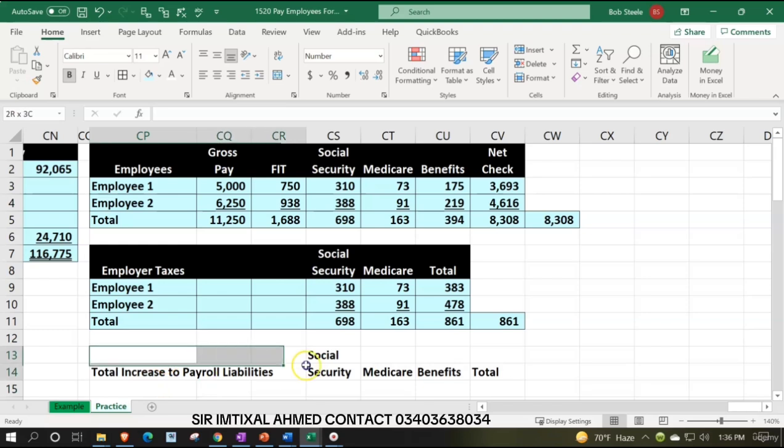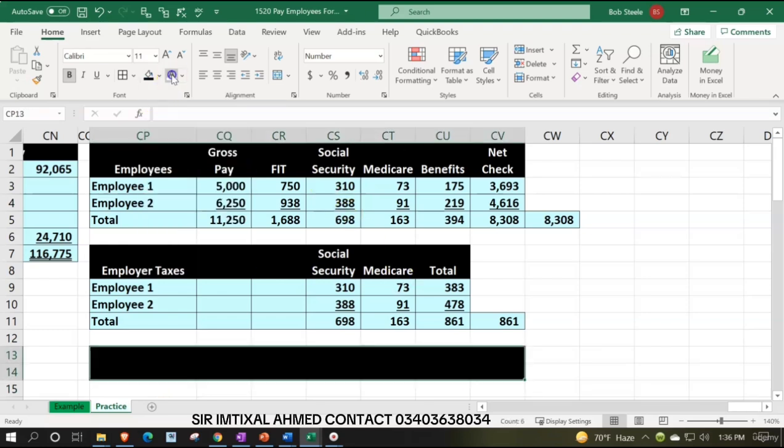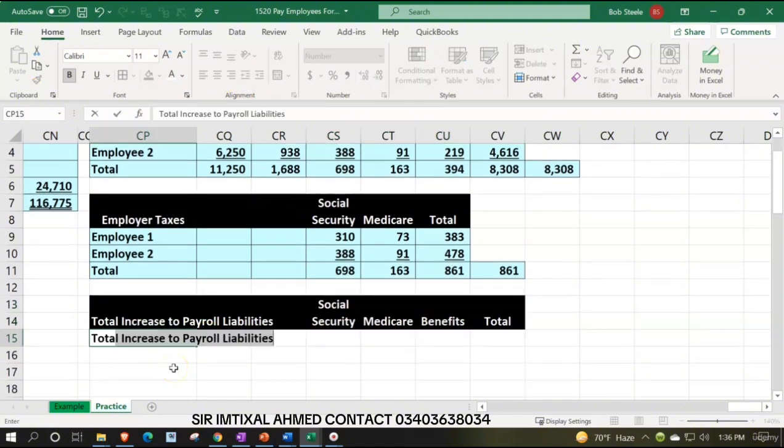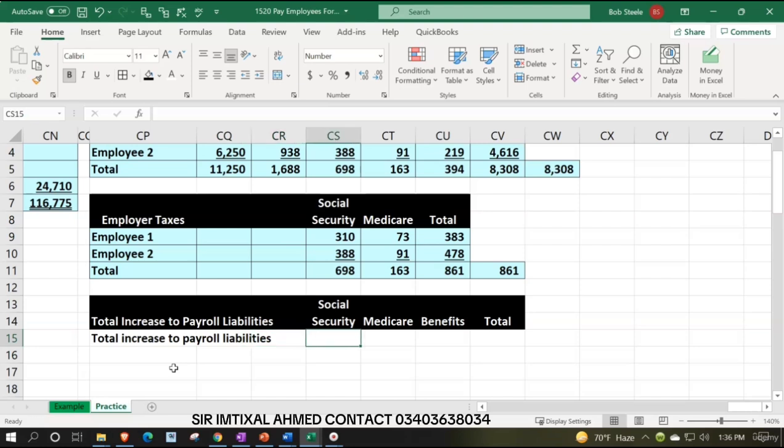And let's make this black and white. Let's center just these ones this time. Center. And so this is the total increase to payroll liabilities, which I'm going to group into one account when we actually record it, which we'll talk more about when we do the actual transaction.